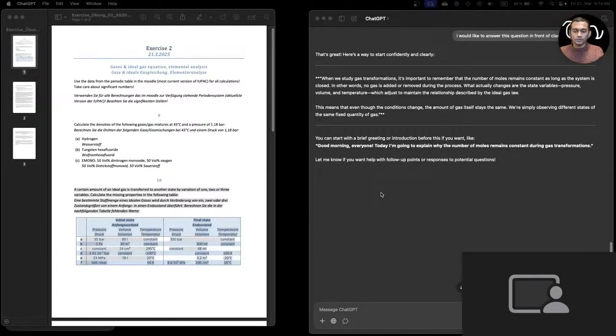From the question, we can understand that this is a closed system, which means no gases are added or removed during the process of changes from initial to final state.